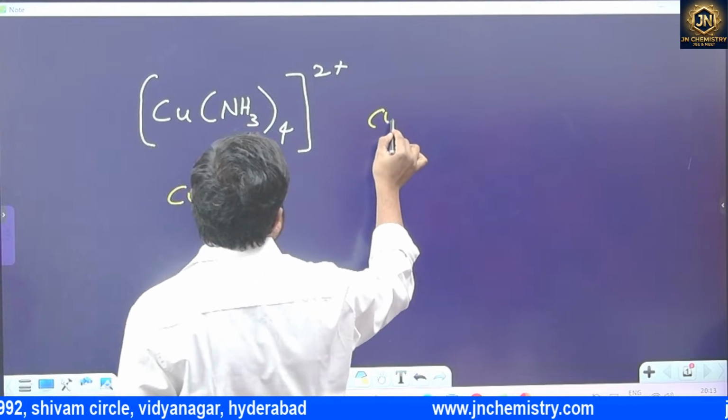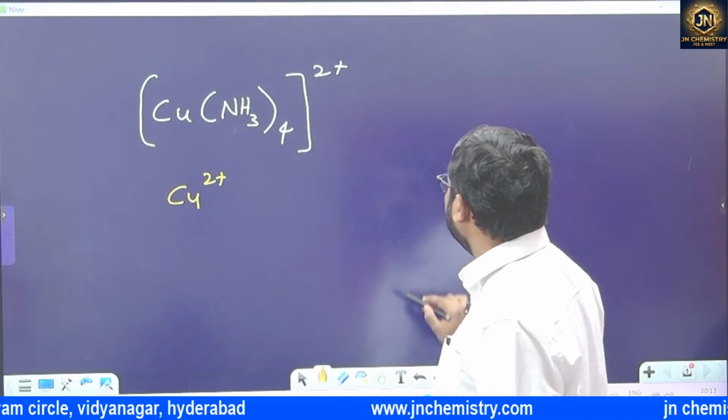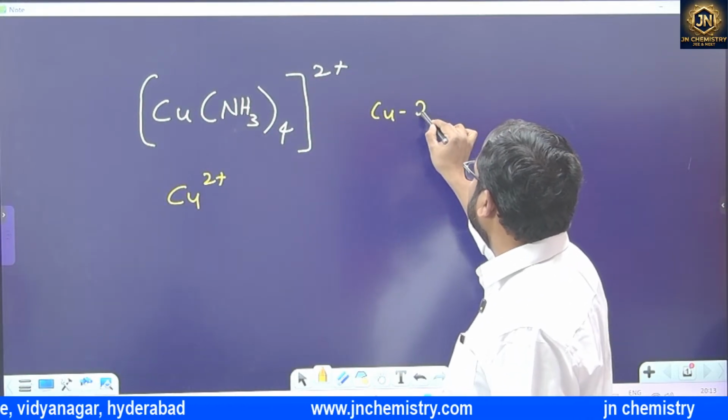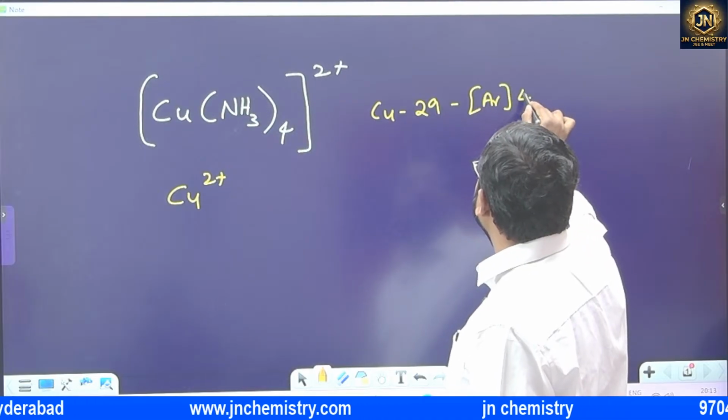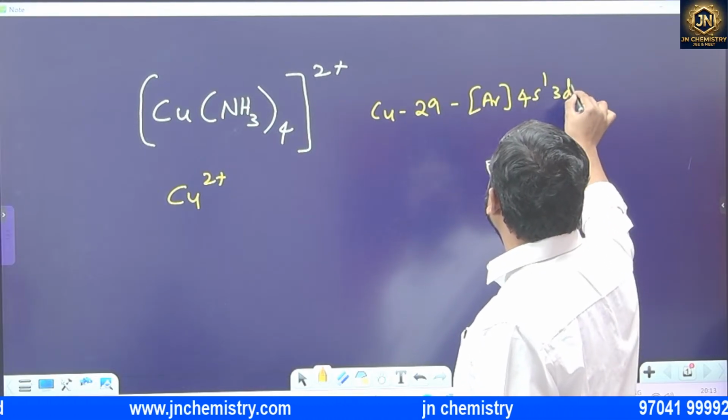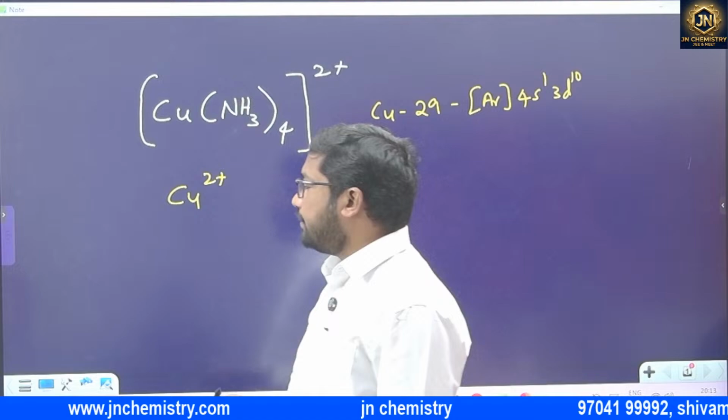What is copper atomic number? 29. Argon 4s1 3d10. So what exactly happens here?